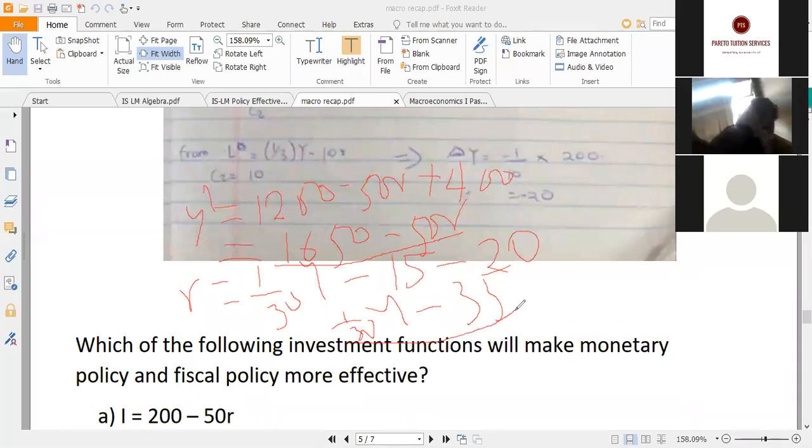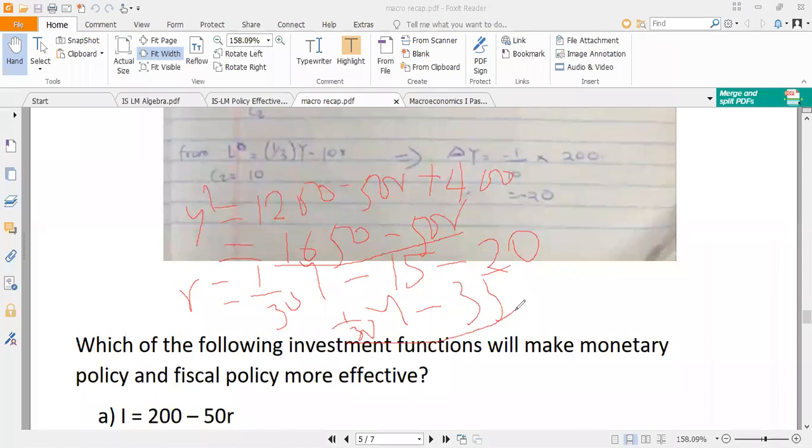Just assuming that there was a change in only G without a change in money supply, it means that there will be no change in the LM curve. You find your new IS, then you equate it to the old LM. There's a question in the past questions which was like that. The change was just fiscal.